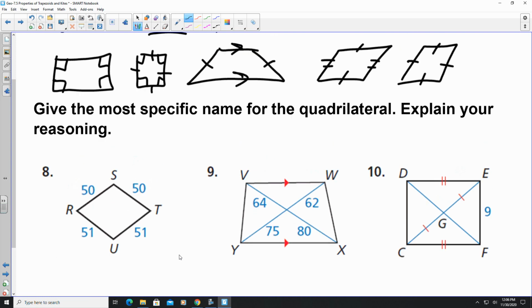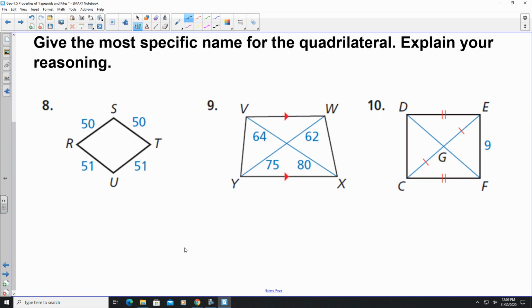In 8, 9, and 10, they're asking us to give the most specific name, and to explain our reasoning. So if we look at 8, all they give us is the measurements of the sides. Since we have consecutive congruent sides, this is a kite. Over here, all they give us is the diagonal measures, and all they tell us is they're not the same.